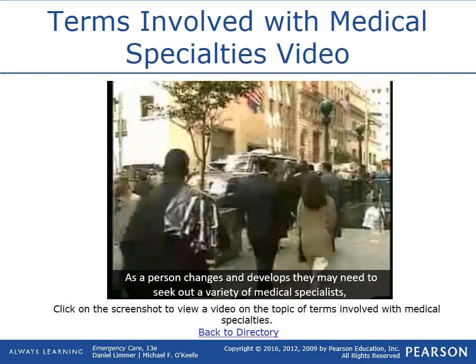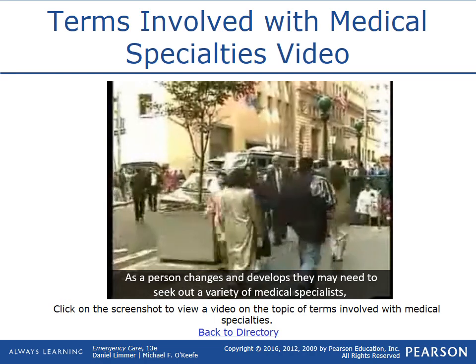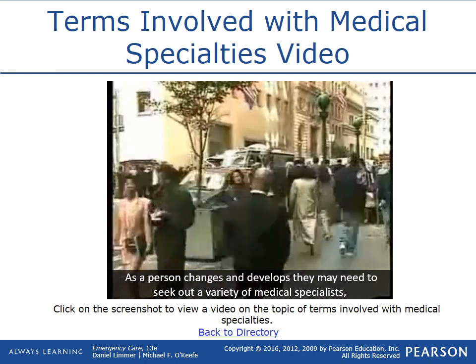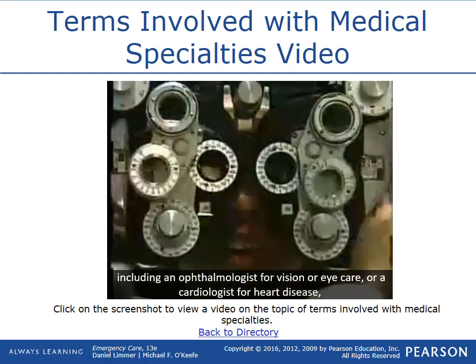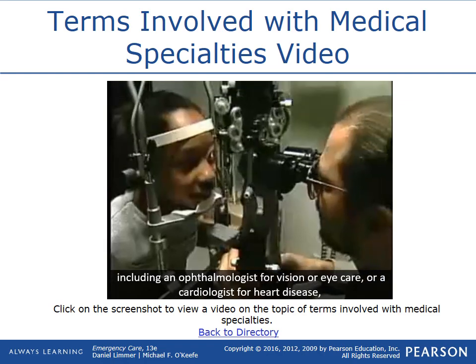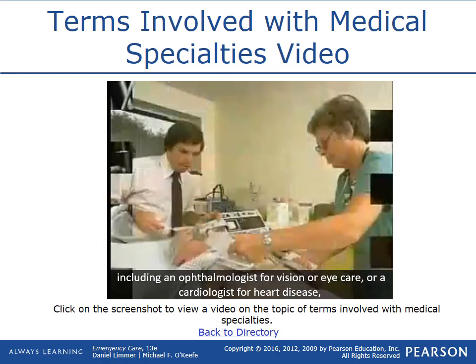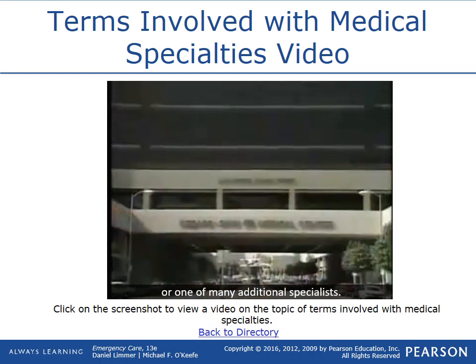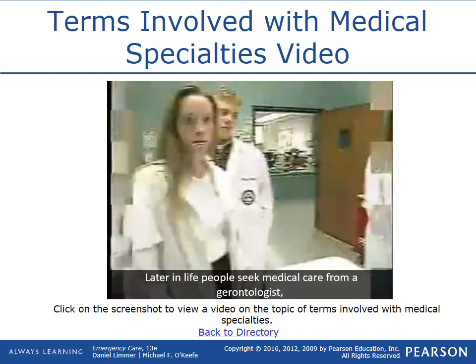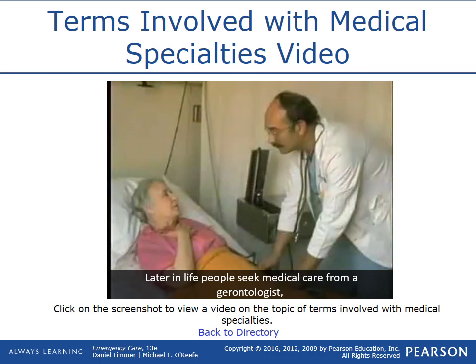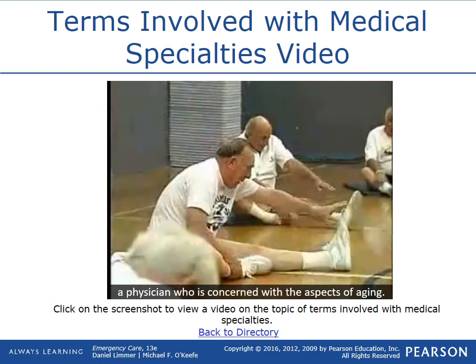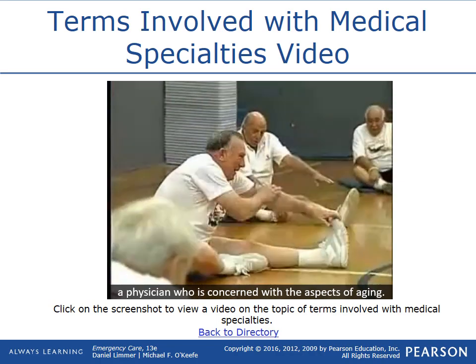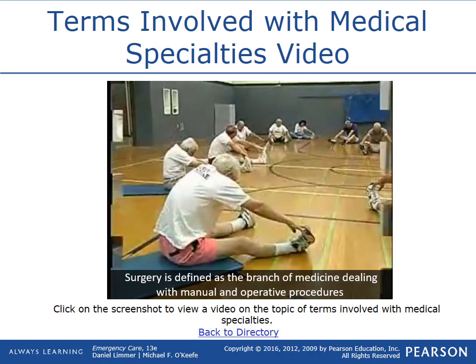As a person changes and develops, they may need to seek out a variety of medical specialists, including an ophthalmologist for vision or eye care, or a cardiologist for heart disease, or one of many additional specialties. Later in life, people seek medical care from a gerontologist, a physician who is concerned with the aspects of aging.